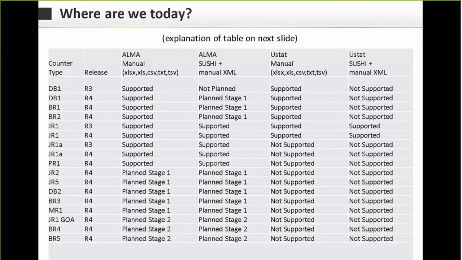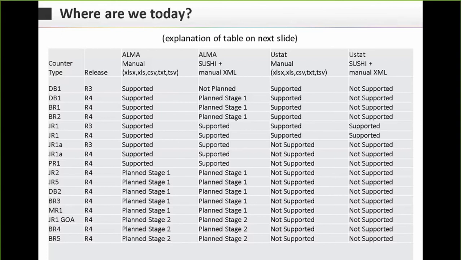You can see in the third and fourth columns, where it says Alma Manual, Alma SUSHI, they're all supported now, all the way up to PR1. So DB1 is database, BR1 and BR2 are book report 1 and book report 2, then we've got JR1 and JR1A. That's journal reports and journal report archives. PR1, if you take a look, for example, at PR1, you'll see it's supported in Alma, both manual and SUSHI.